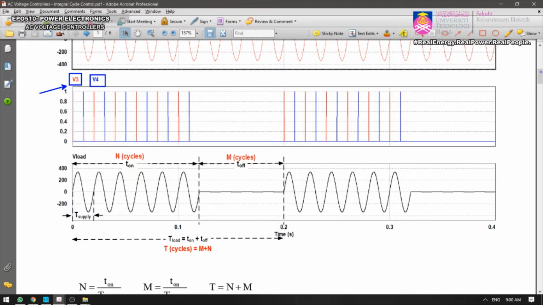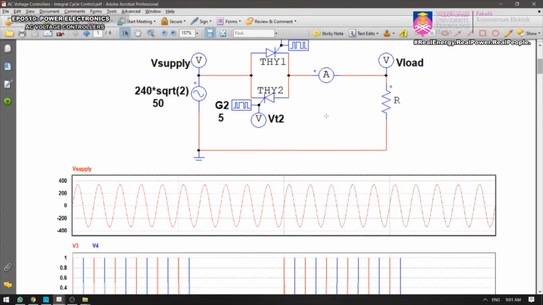Since your output frequency is 5 Hz, the thyristor pulses also have a frequency of 5 Hz. Normally in the AC voltage controller we have the same frequency, isn't it? But for the integral cycle control, the frequency of the thyristors depends on the output frequency. So in this case, it is 10 times slower.